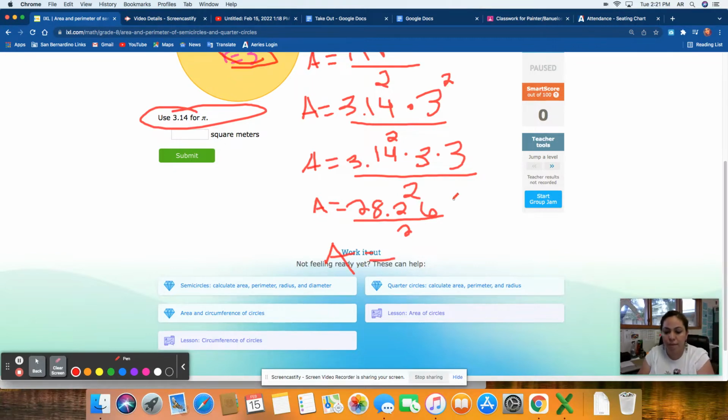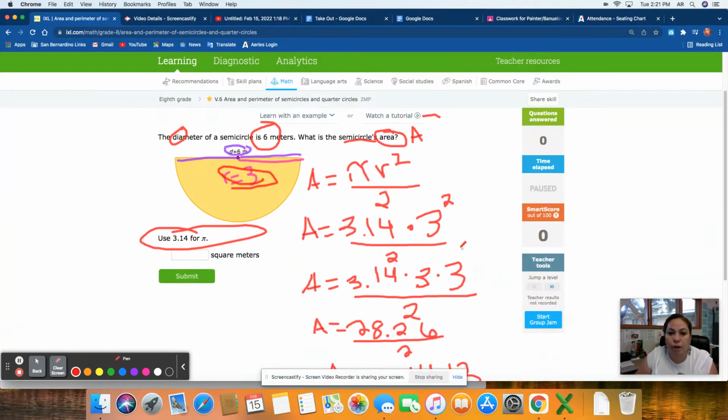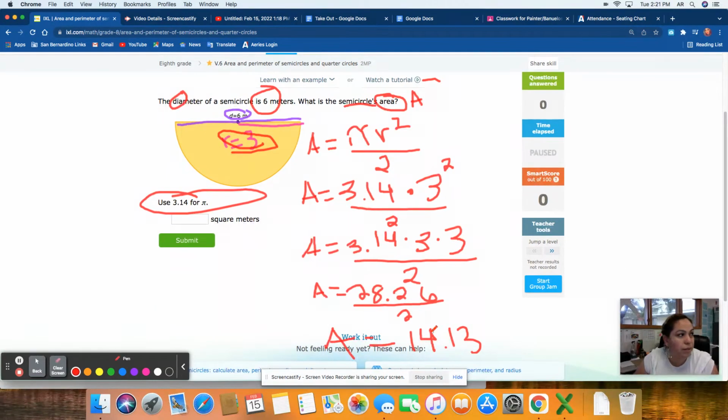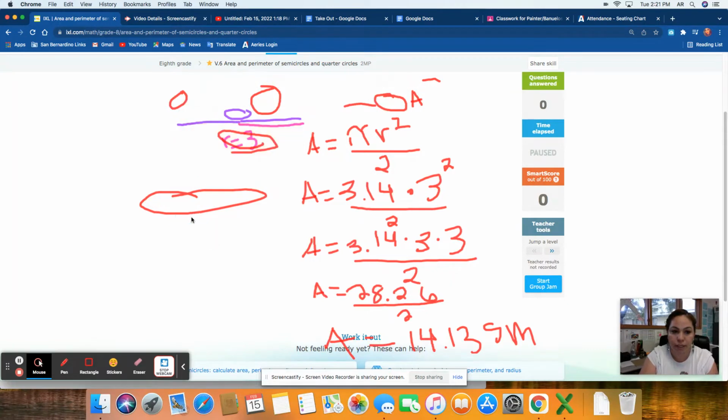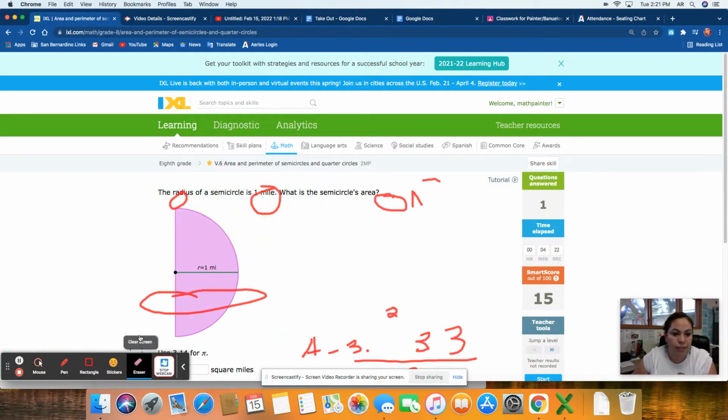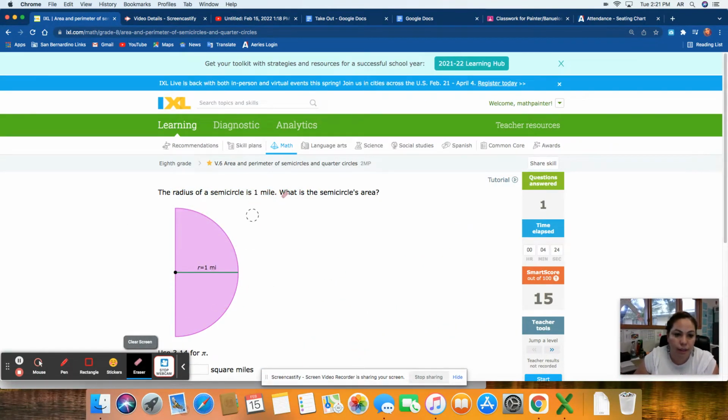So 28.26 divided by 2 equals 14.13. So our semicircle area, the yellow part, is 14.13 square meters, right? So we're going to put it right here, 14.13, submit. Fantastic.